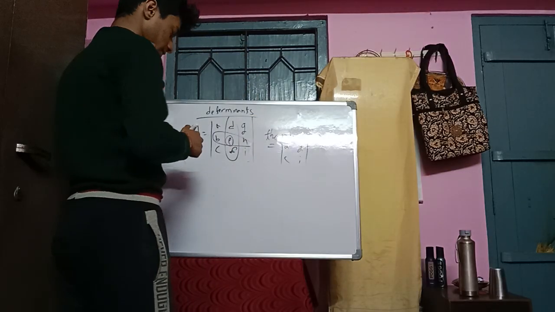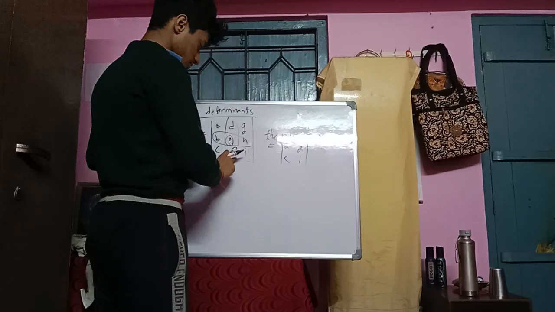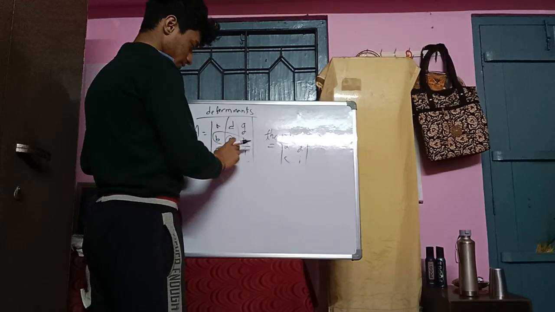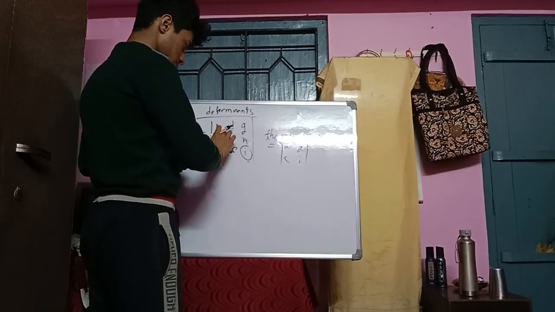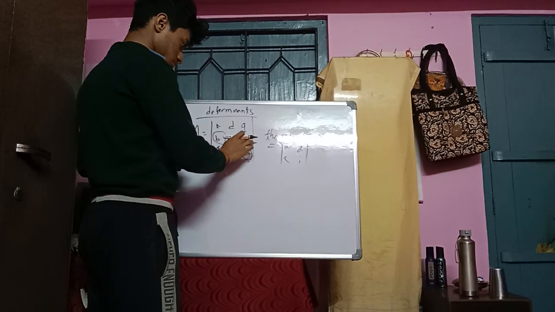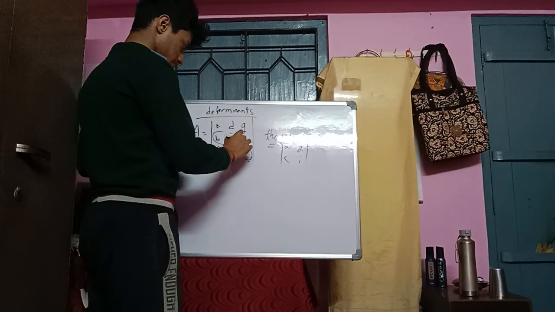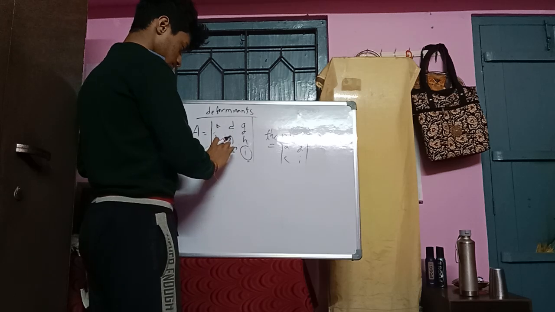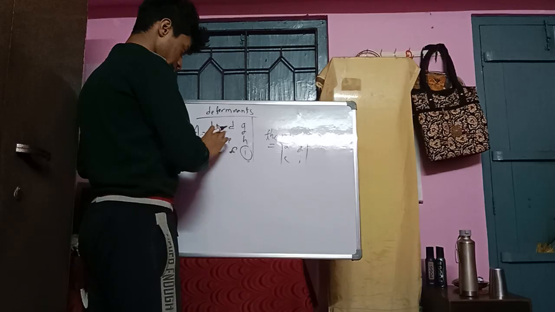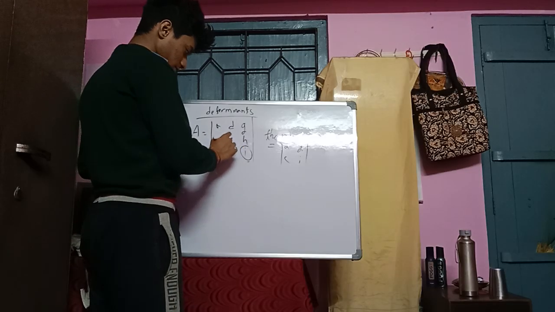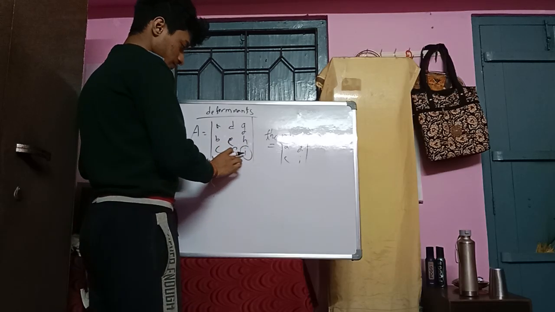Let me give another example. Let's say we're talking about this element I. We're going to be excluding the rows and columns the element I is part of.